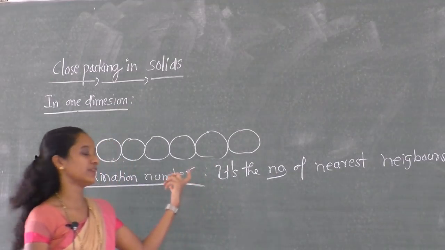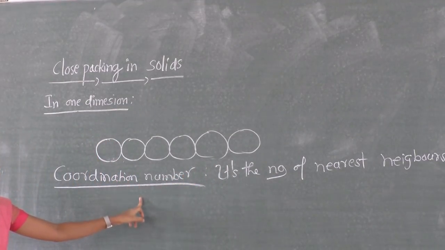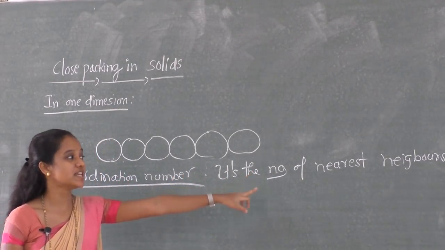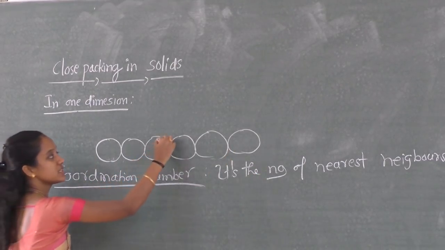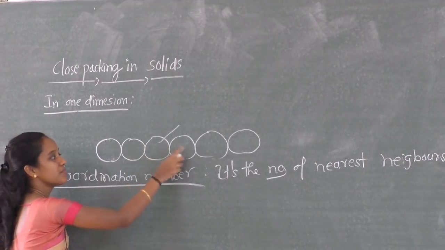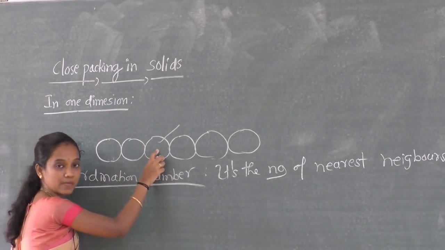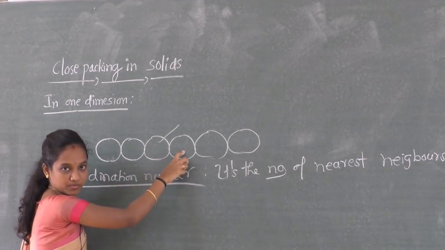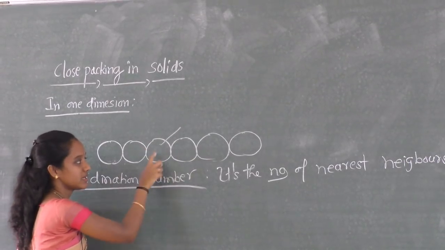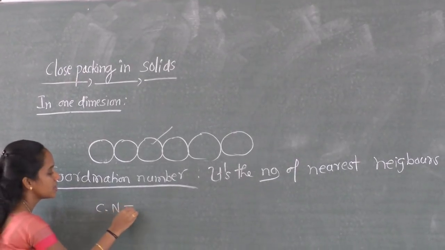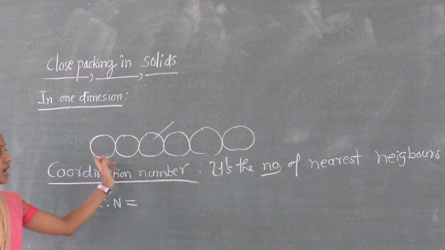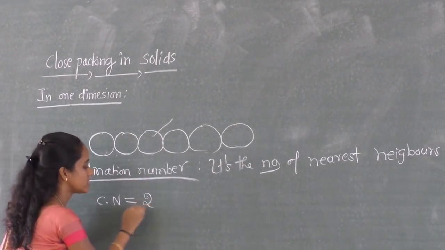Important definition for 1 mark. So what is coordination number? It is the number of nearest neighbors of a particle. So see here, if you consider this particle, the number of nearest neighbors of this particular particle is 2. Right? The neighboring particles here are 2. Therefore, coordination number in one dimension is always 2.